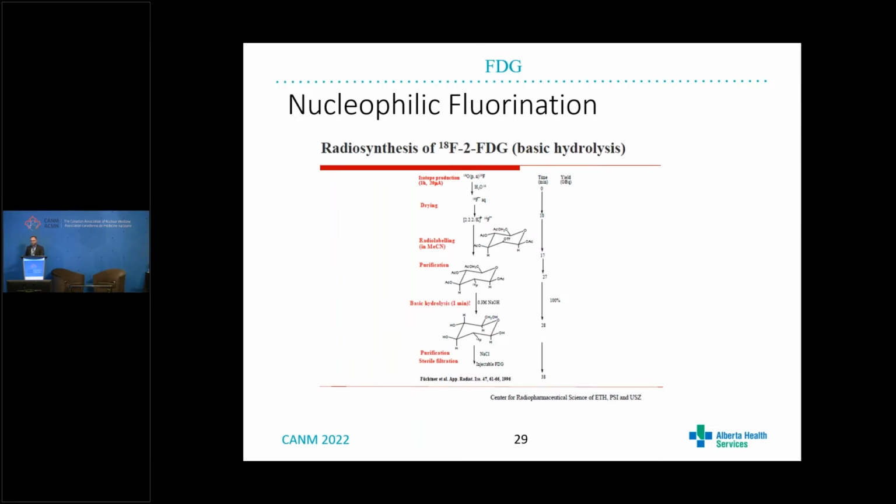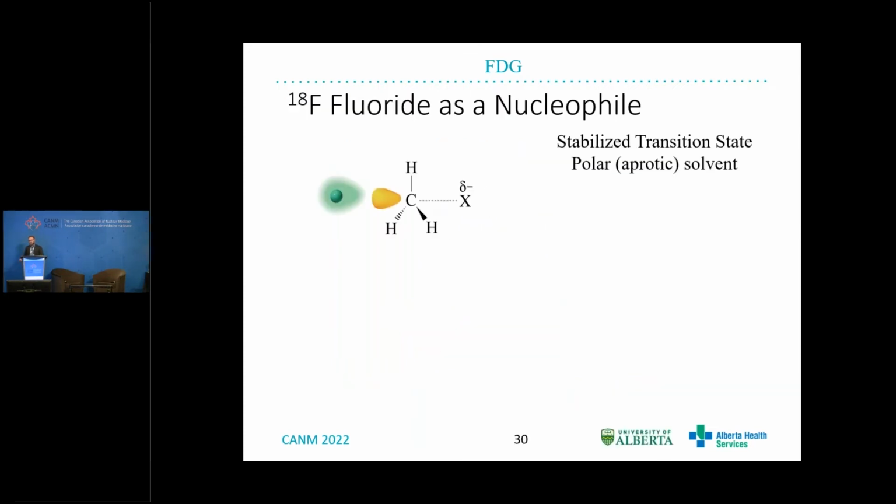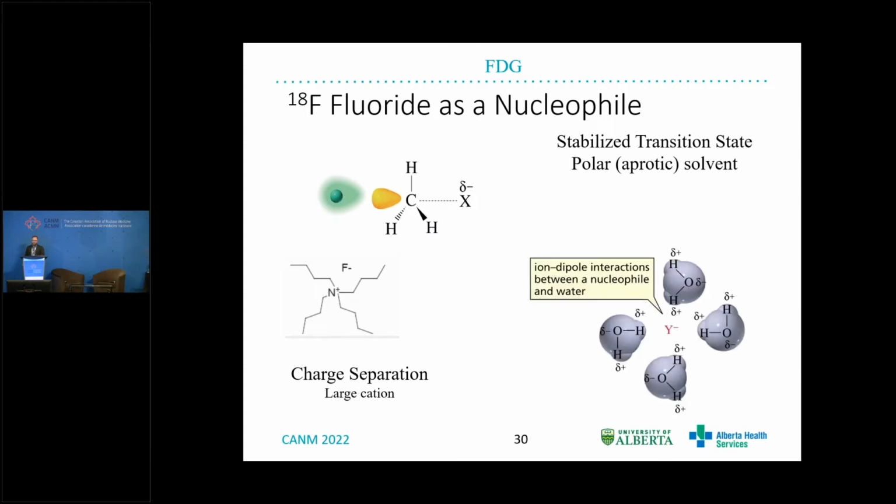So you actually gain yield just by the shortening of the production process, because you don't lose activity to the half-life of F18. And again, F- is not a great nucleophile, and it's not very reactive in water.